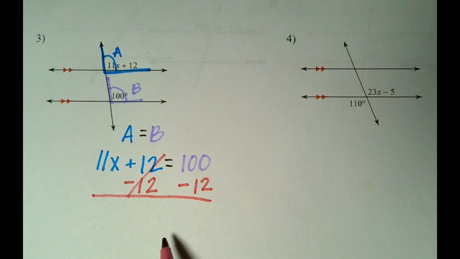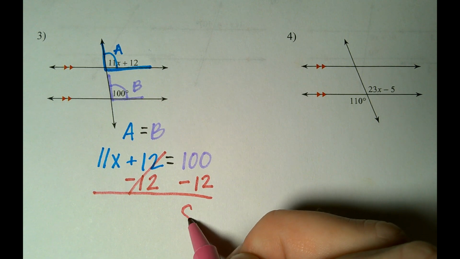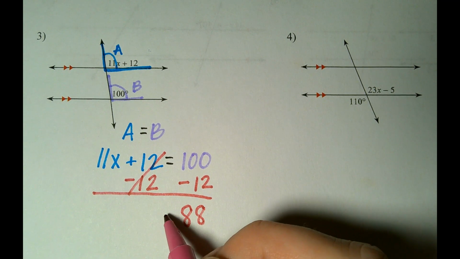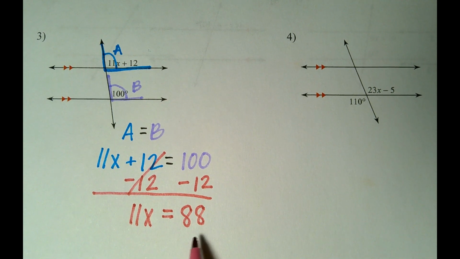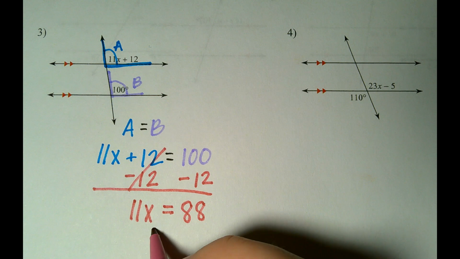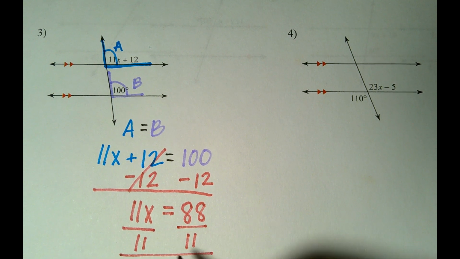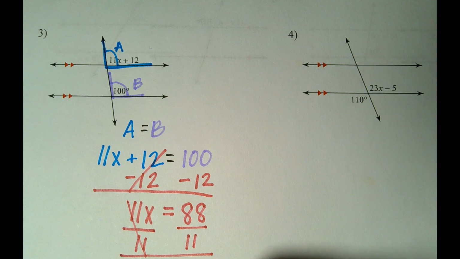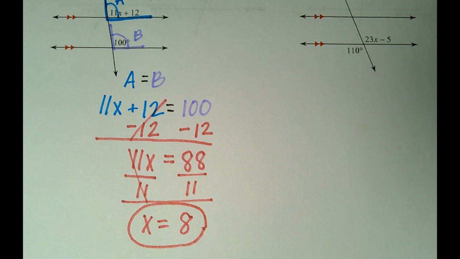The 12's cancel. 100 minus 12, what's that? 88. 11x equals 88. Good, so bring down 11x, and then what's my last step? You divide by 11 on both sides. And x equals 8. There we go.